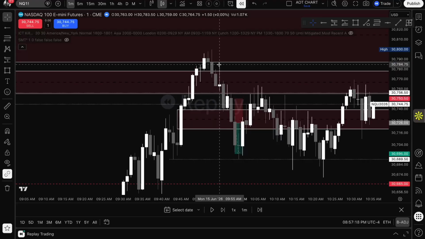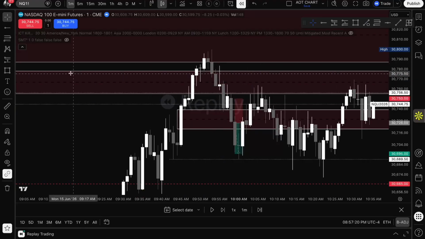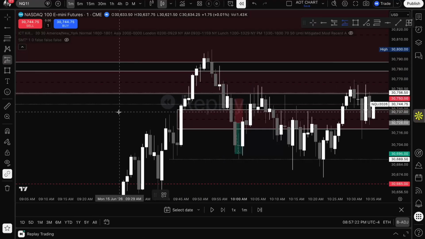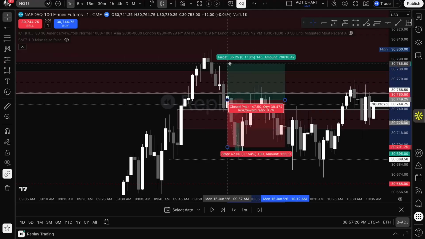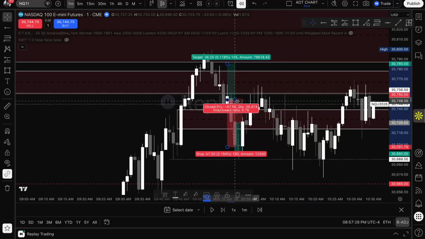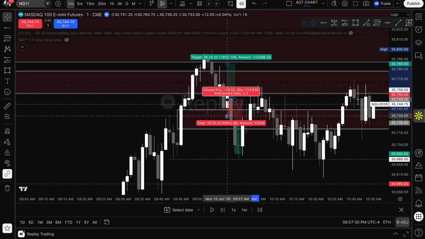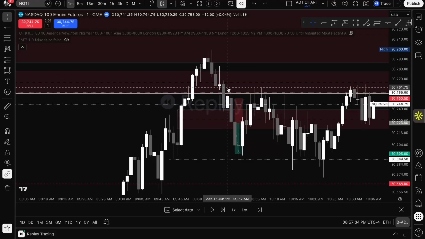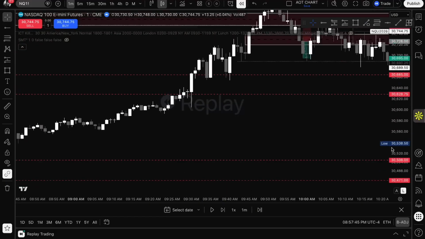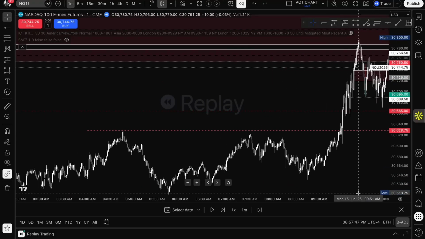these bullish moves to the upside were failing, and I knew that people are like me. I probably would have tried to catch this trade right here back in the day when I was just getting into trading, and I would have got stopped out. So I'm like, all right, I know I would have taken a trade like this. I'm not gonna take that trade, and I'm gonna be a part of the reason why people that are taking this trade are losing, because they're not realizing that, one, we're super overextended.